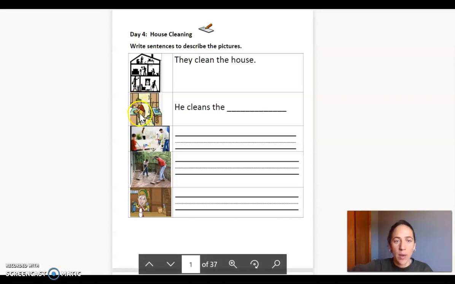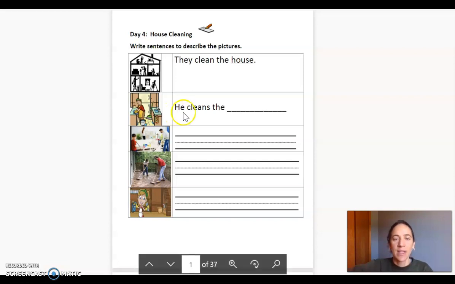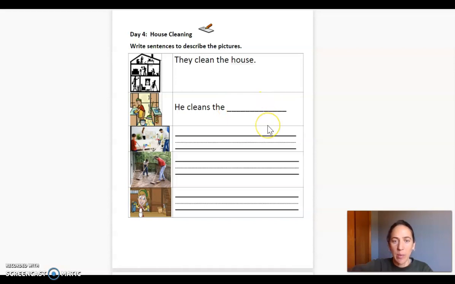I see one boy, so I can say he cleans. What room is he cleaning? Is that the kitchen or the basement? Yes, the kitchen. He cleans the kitchen. Please repeat after me or write kitchen on your paper.